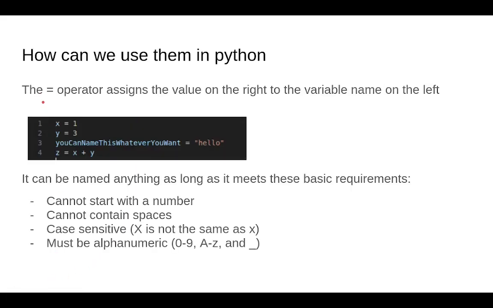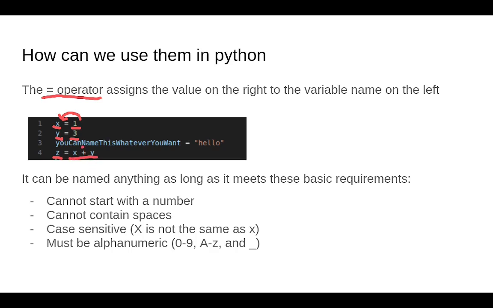We can do this using the equal sign operator, which will assign the value on the right to the variable name on the left. So here we have 1 as our value and x as our variable. So it is assigning 1 into x. Here we have y being set to 3. And here we have z being set to x plus y.